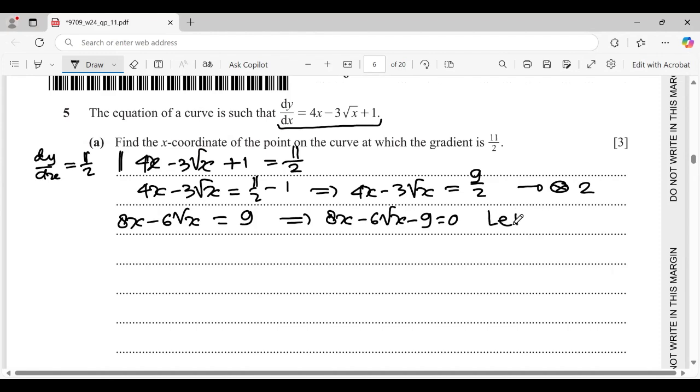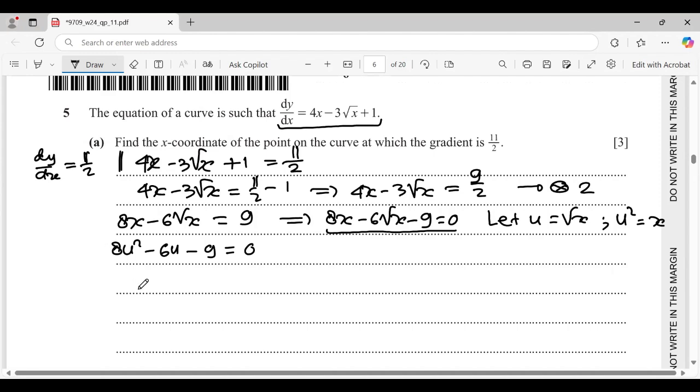Now by substitution, let u equal square root x, or u squared equal x. Substituting into this equation, it becomes 8u squared minus 6u minus 9 equals 0. Now we're going to find the value of u.